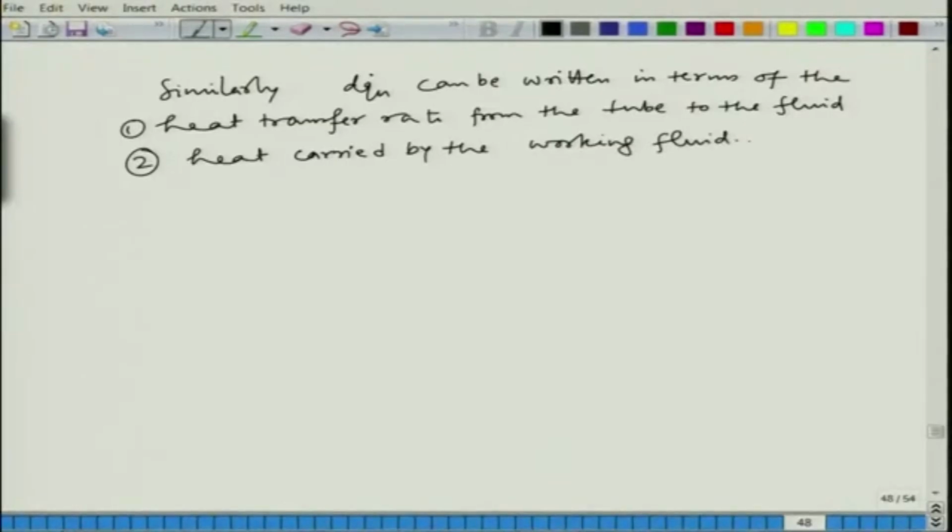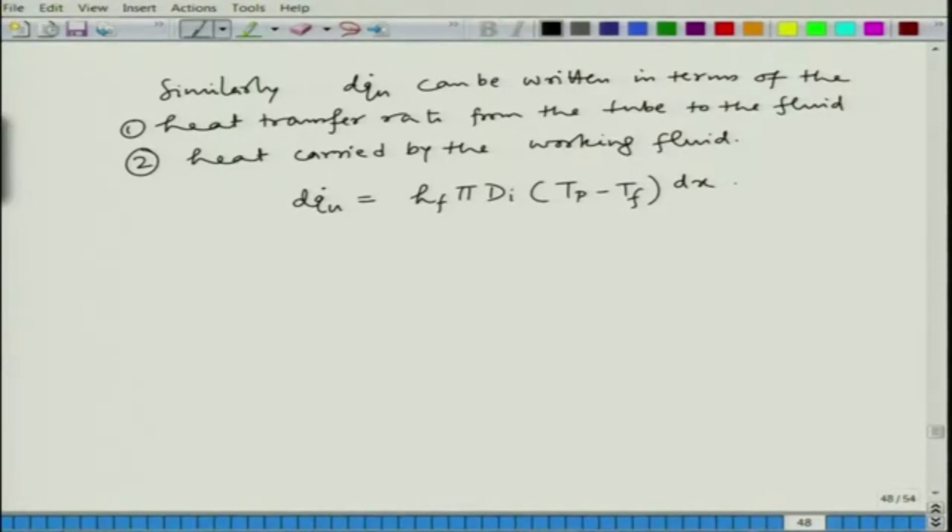Everything will be dQ u naught dot. So, dQ u naught dot is equal to Hf into pi di, multiplied by Tp minus Tf, multiplied by dx.